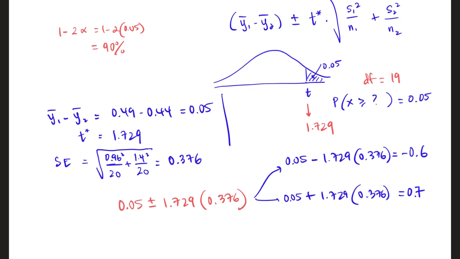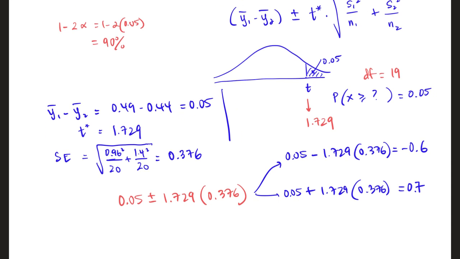And so we say that we are 90% confident that the true difference is between negative 0.6 and 0.7 in interval notation, or in inequality it is negative 0.6 less than mu1 minus mu2 less than 0.7.